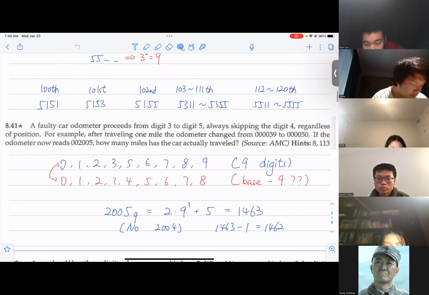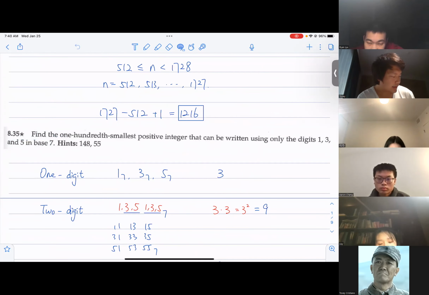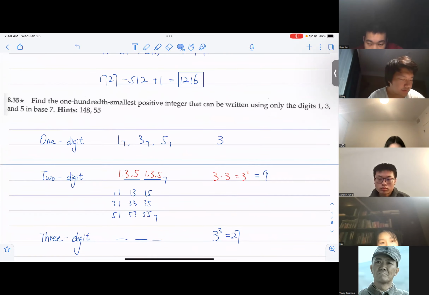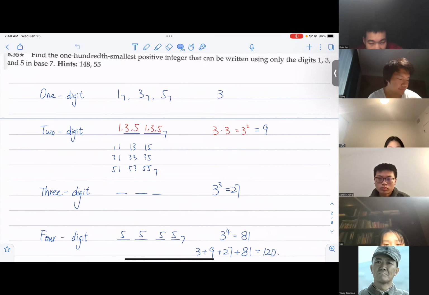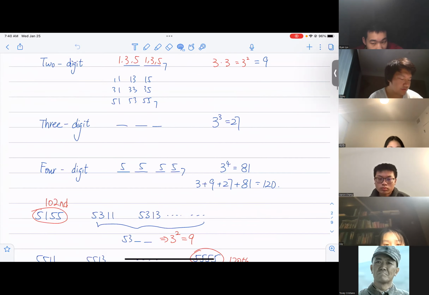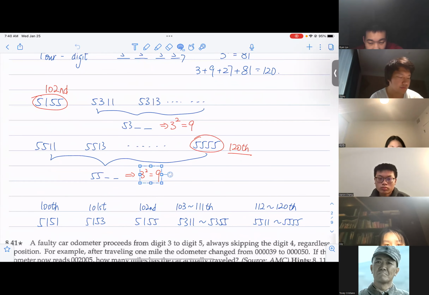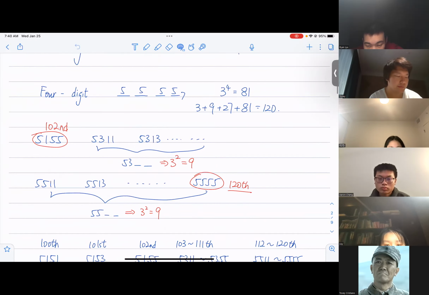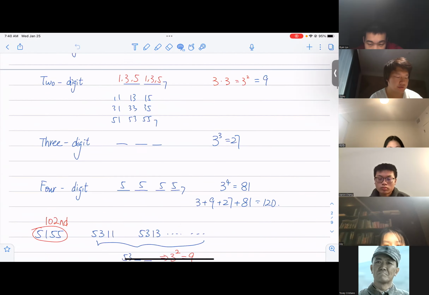And remember, there's a question, if I remember, 835. Although it was in base 7, we can only use digits 1, 3, 5. So since we can only use 1, 3, 5, it's sort of like a base 3 system. So in the end, we use a bunch of 3s, remember? Base 3, because you only have 3 possible digits to use.